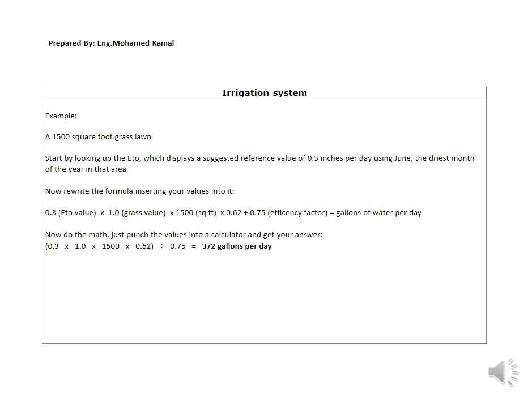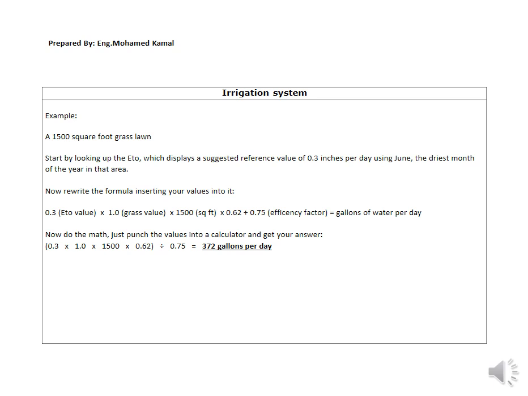Now let's use the previous relation using 0.3 multiplied by the grass value, multiplied by the area, multiplied by the constant factor of 0.62, divided by the efficiency, and let's say the efficiency of the sprinkler system is 0.75. As we said, if we are going to use a drip irrigation system, you will have higher efficiency.